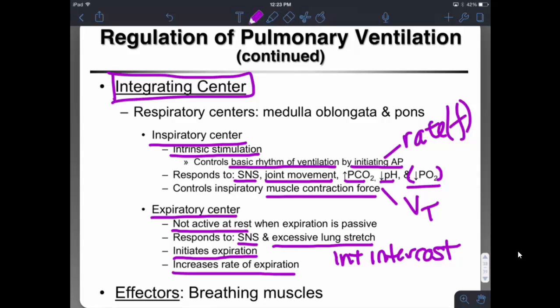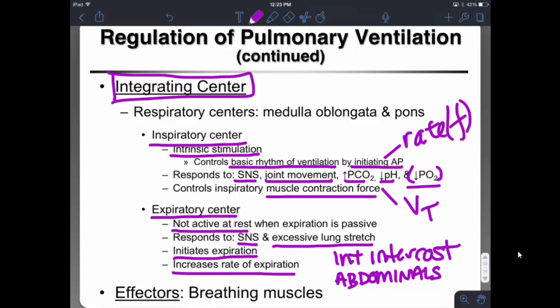So instead of waiting for those muscles to recoil, we pull the rib cage down, which decreases the volume in the lungs. We also get the abdominals that contract, which push the diaphragm up, again rapidly decreasing the volume of the lungs, increasing the pressure within the lungs, and forcing air to come out faster than it would have if it had been simply passive.